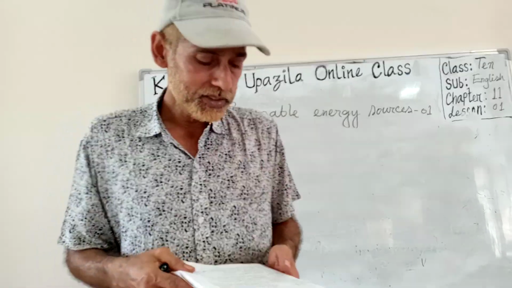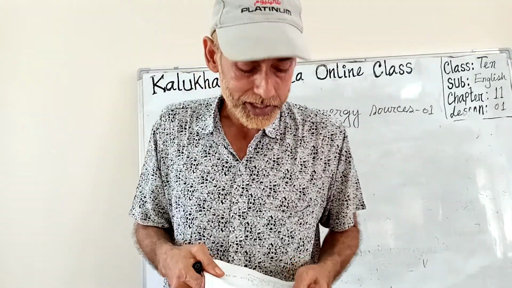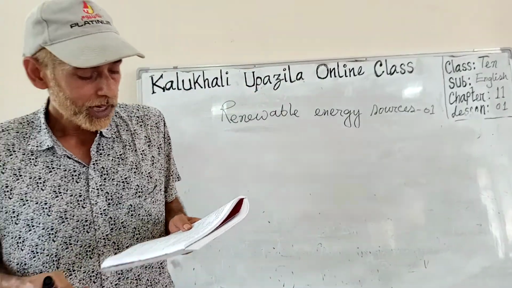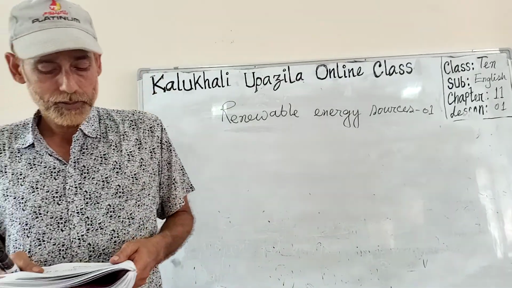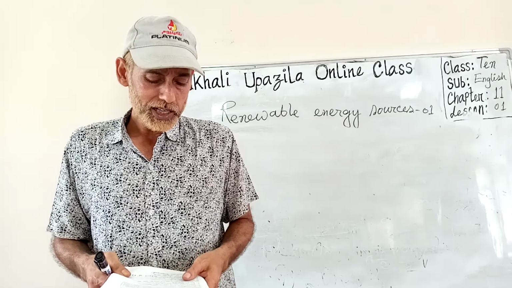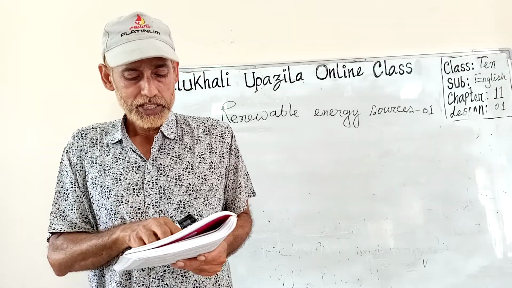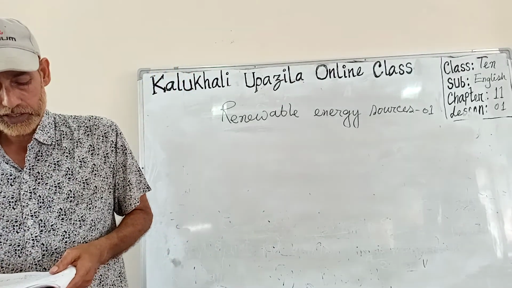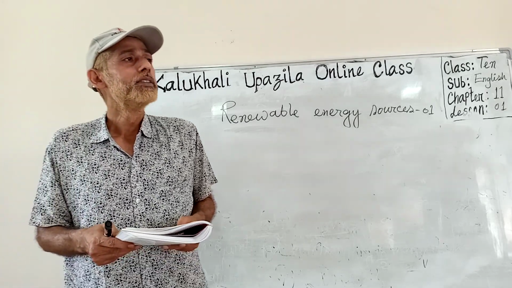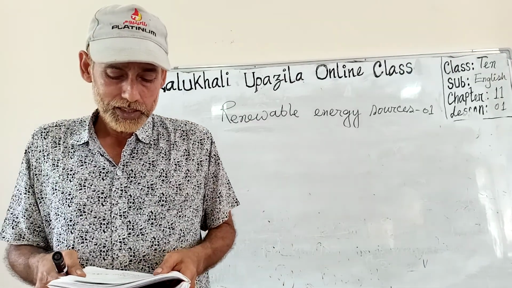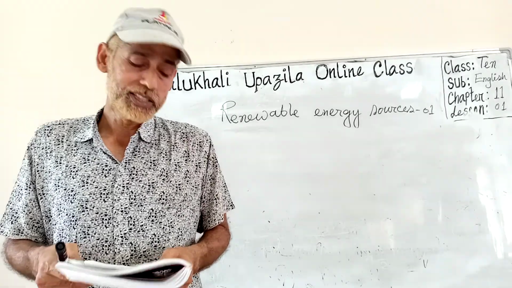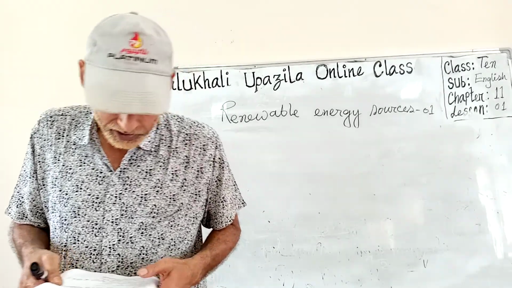Okay, dear students, hope that you have already finished it, and I am helping you to check your answer. What's the nationwide demand of electricity? It was more than 6,000 megawatt per day. Is it right? Yes.